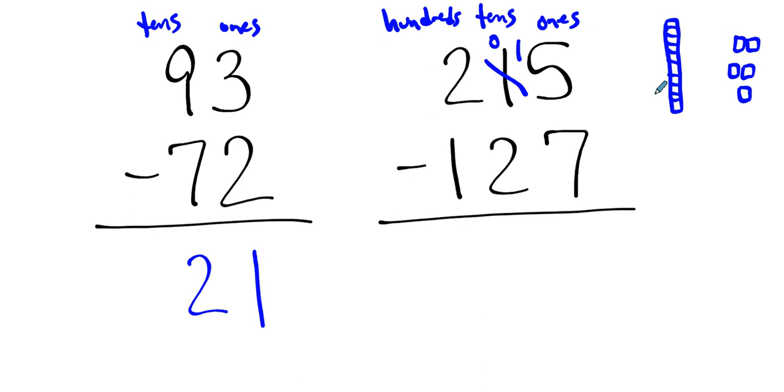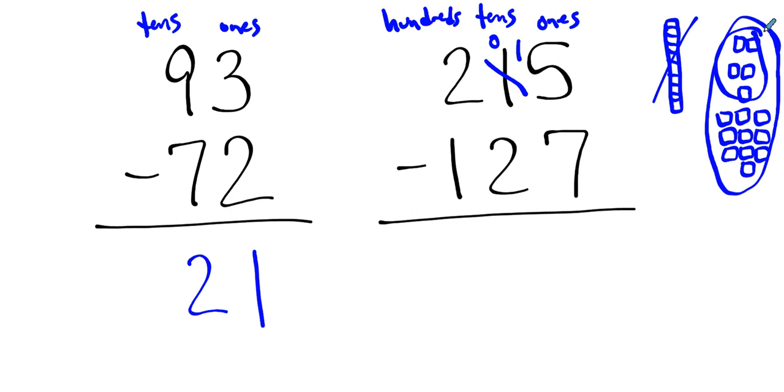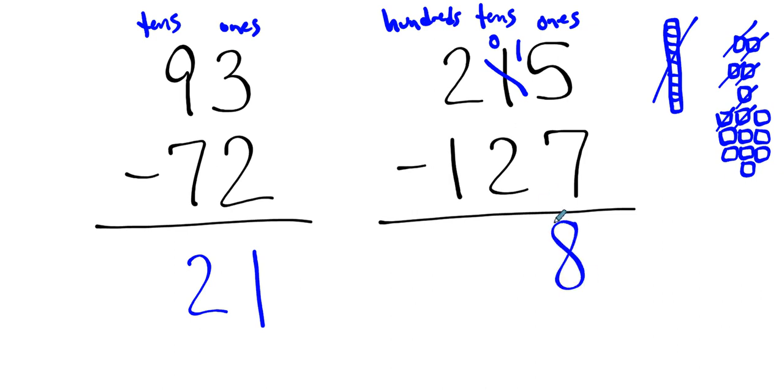But to bring that over, we've got to break it up into 10 little pieces. So now this 10 exists as 10 little pieces. Can we take away 7 now? Sure we can. So this little 1 turns the 5 into a 15. That's what's happening. And then we subtract 7 and we end up with 8.